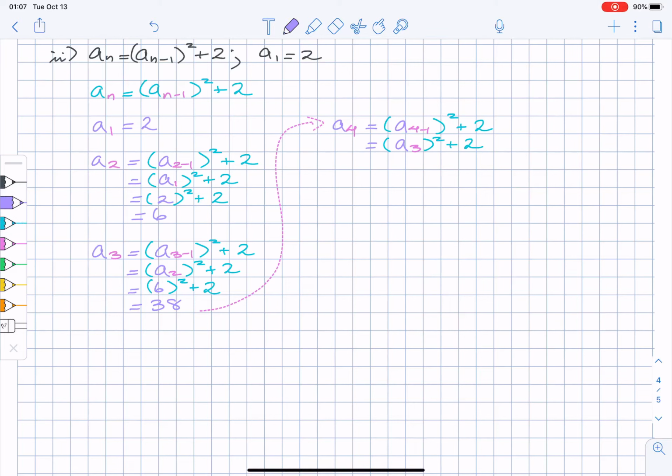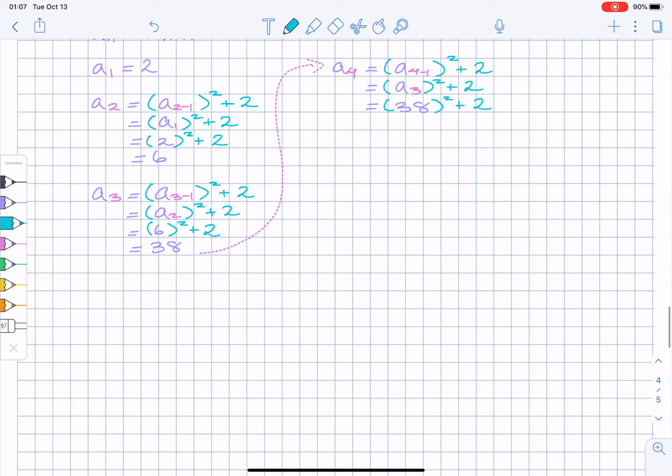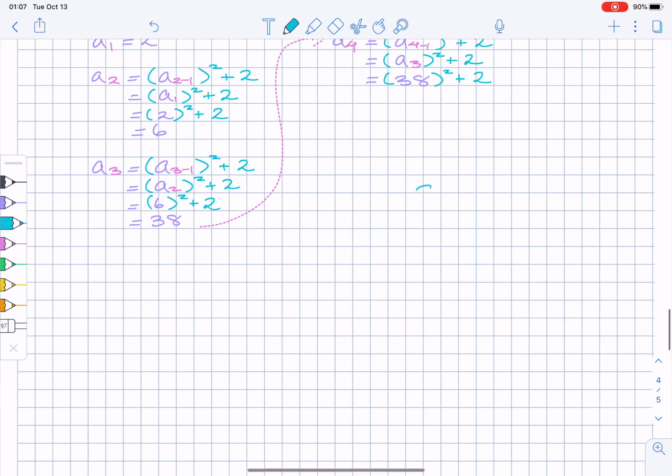And what did we get for a sub 3? Oh, 38. Oh boy. That's what I get for making these up on the fly. Okay, 38 squared. So off to the side, let's go ahead and do this quickly. A 3 and an 8, and a 3 and an 8, and we're going to make a grid. Then we're going to say, okay, 3 times 3 is 9, 3 times 8 is 24, 8 times 8 is 64, 3 times 8 is 24.